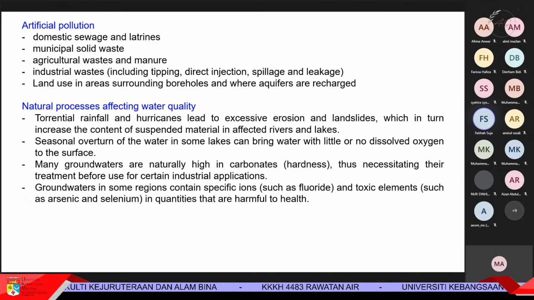And also if you have major accidental spills or other point sources of pollutants, they may initially cause rapid local contamination, then spread through the aquifer.